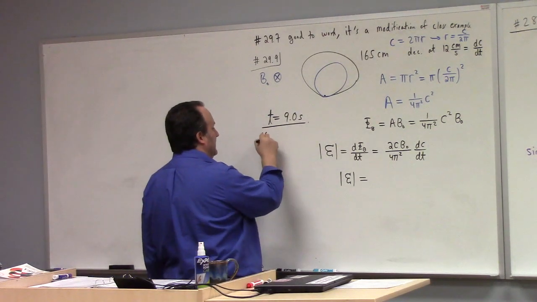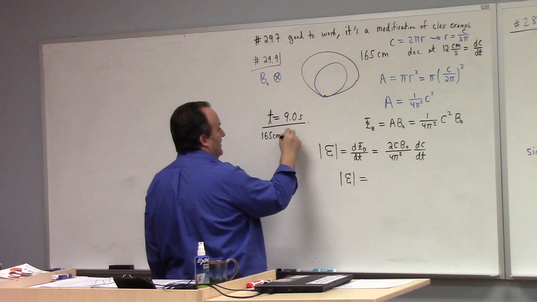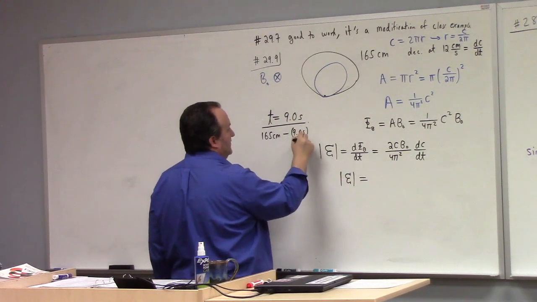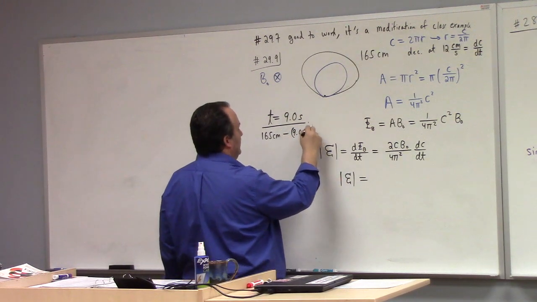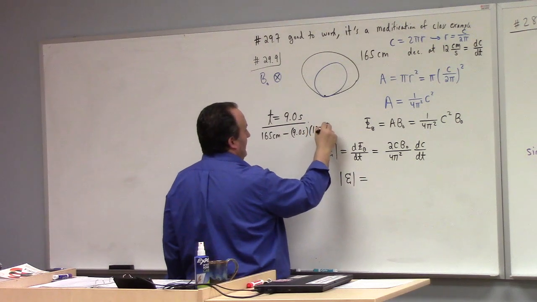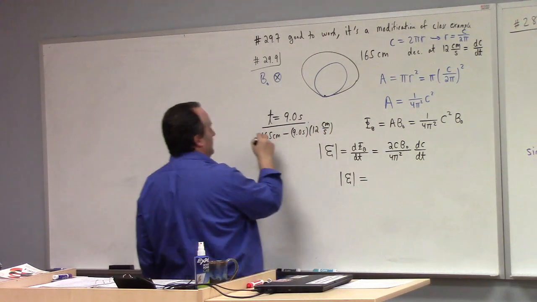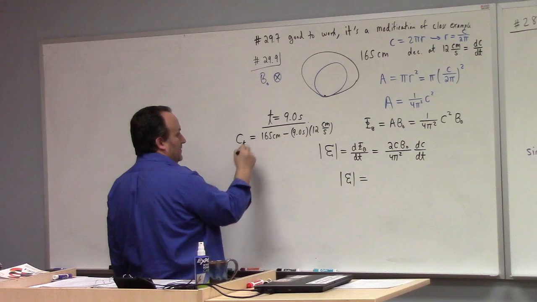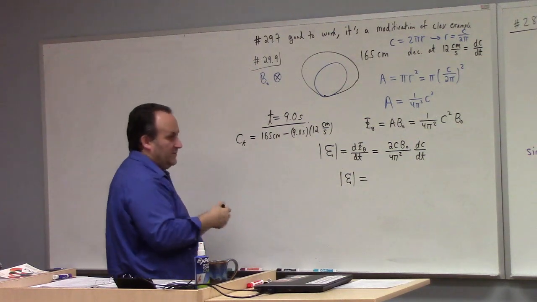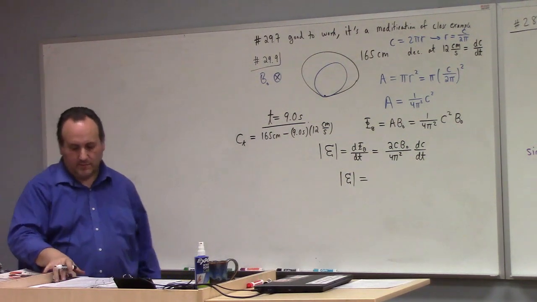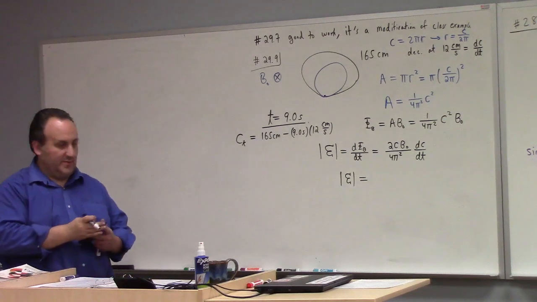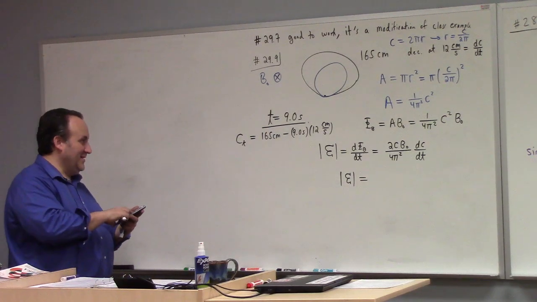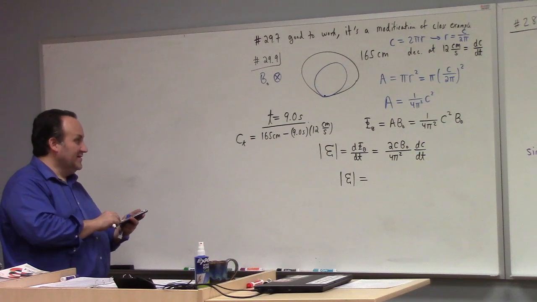We have 165 centimeters minus 9.0 seconds times 12 centimeters per second. That should give me the circumference at time t. Whatever that is, I hope it's not negative. That would be bad. Like, oh no, it's an unphysical problem.